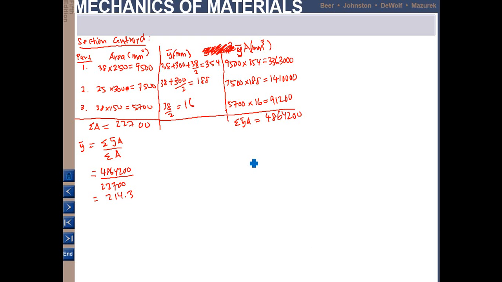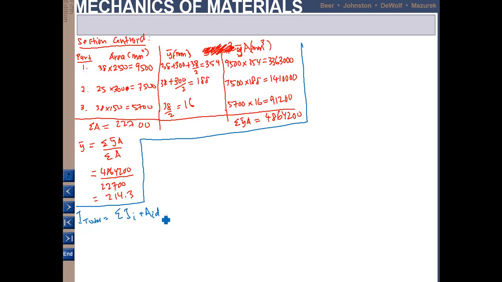Okay, now you already have the centroid for the whole structure, and then start finding the value of I. From the equation, I total is equal to the summation of I plus A D square.